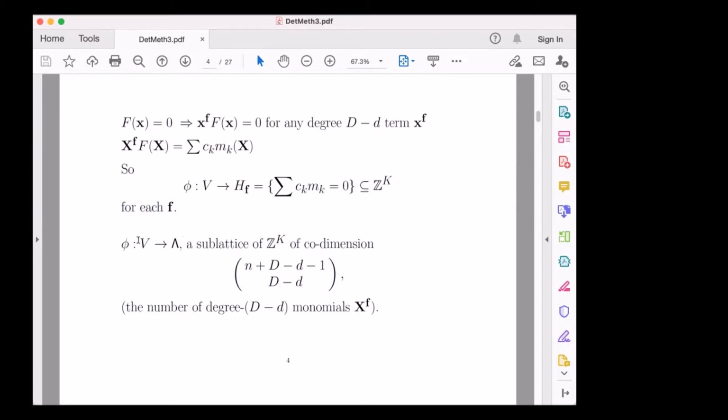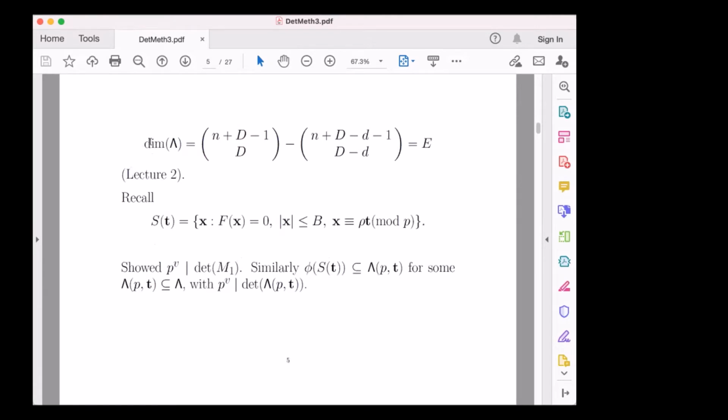So we've mapped from the set of integer zeros of capital F to this sublattice of Z^K of codimension of this quantity here. Sorry, I should strictly speaking say V(Z) here, shouldn't I? The Z points on V. Okay.